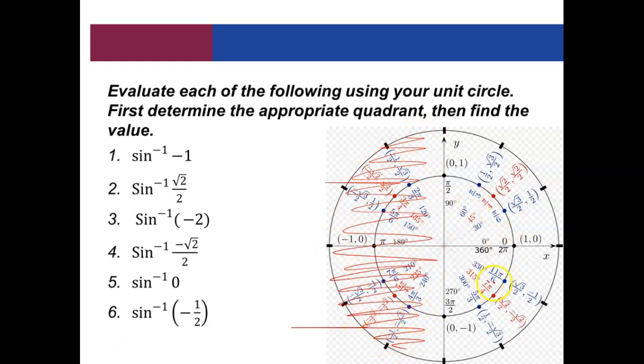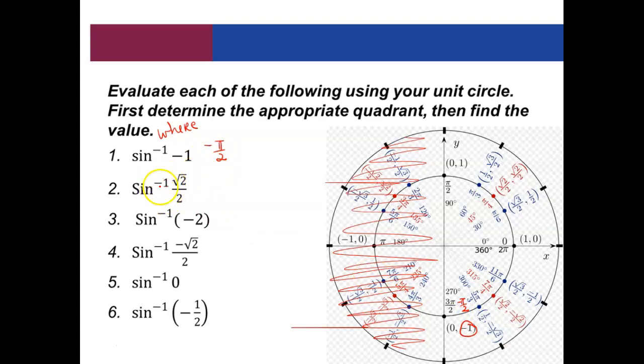This -1 asks the question where: where on this unit circle is sine -1? Sine, remember, is the second coordinate. The second coordinate is -1 down here. That location is 3 pi over 2, but instead I'm going to write it as -pi over 2.